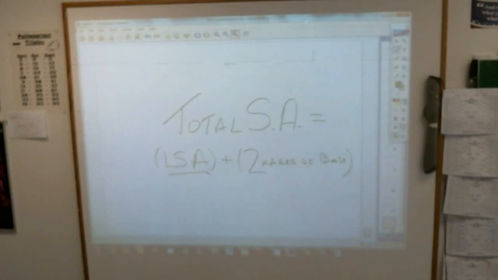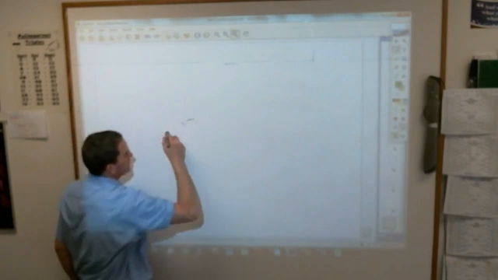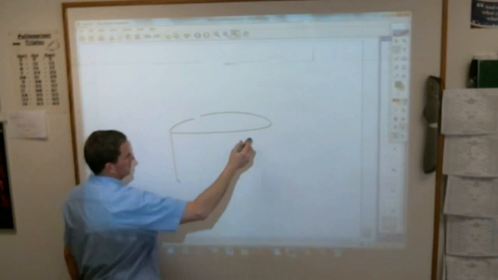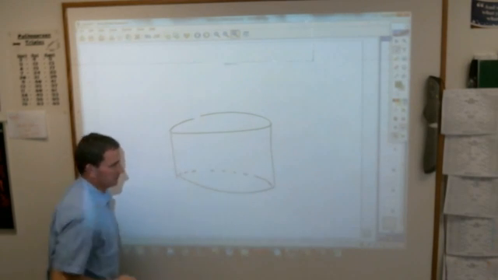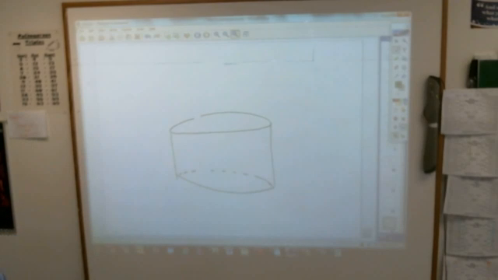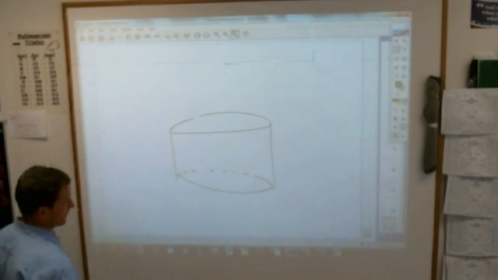C. Alright. C says, what's the lateral surface area of the cylinder in problem A? Hopefully you can make the connection between cylinders and lateral surface area. What is the shape of a base on a cylinder? Circle.